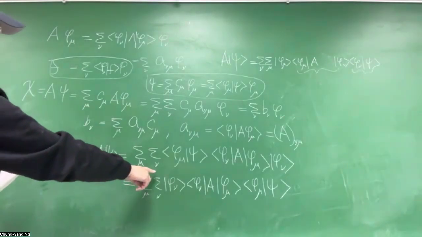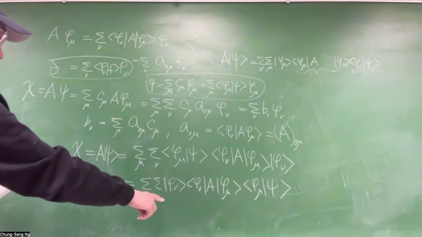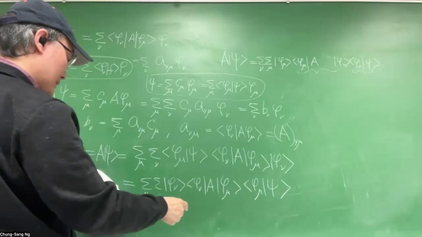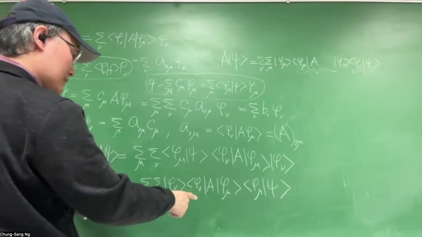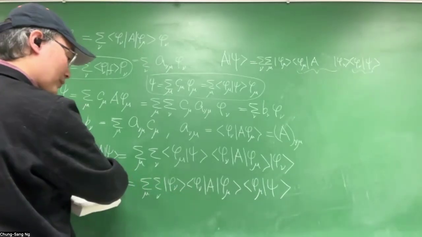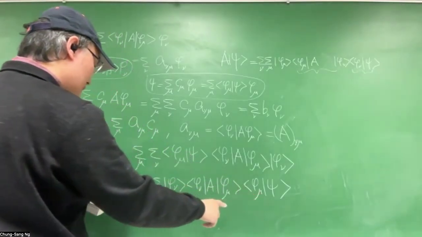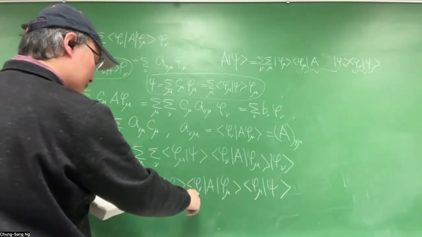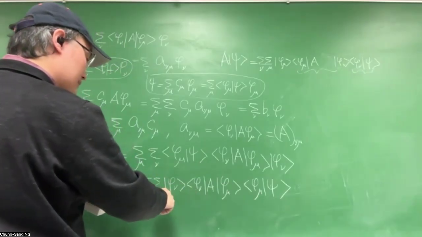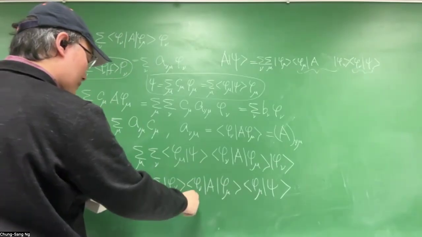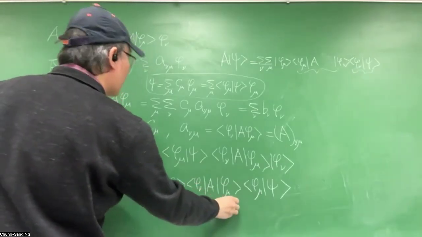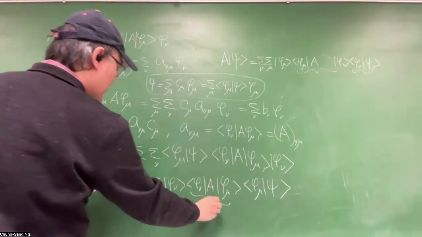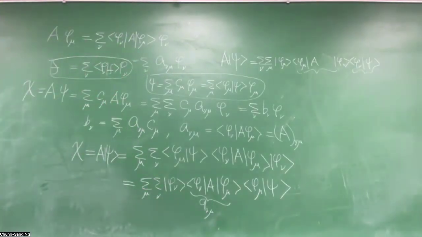Actually, this is already in this form, because this is what we call the coefficient, the matrix element of A, mu nu.